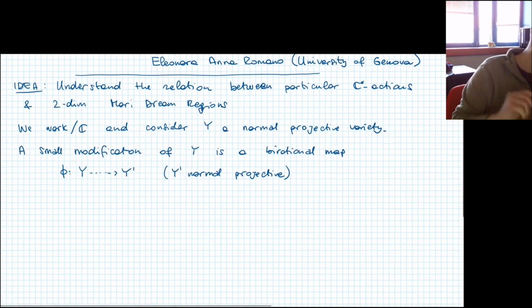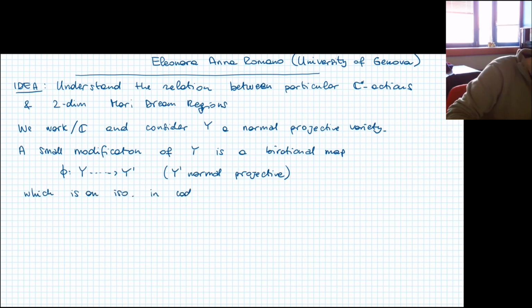And small means that it is an isomorphism in codimension 1. So usually we keep the classical terminology. So we say that phi is an SQM, in general, a small Q-factorial modification.